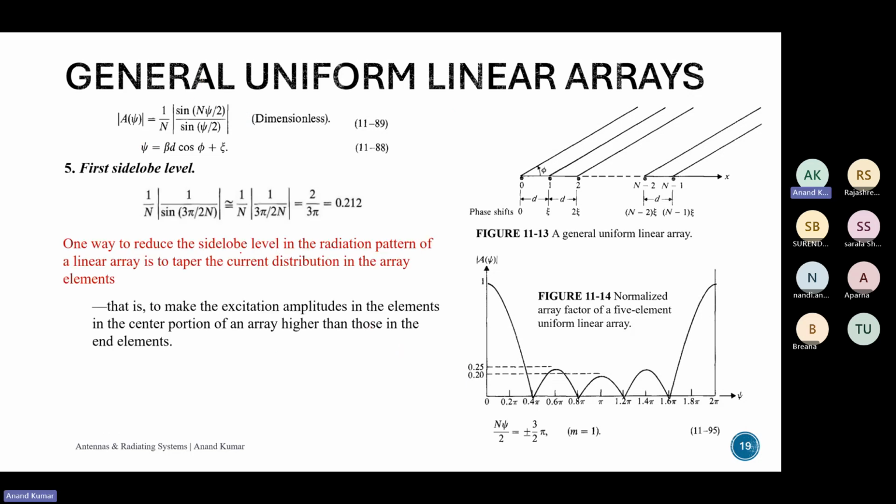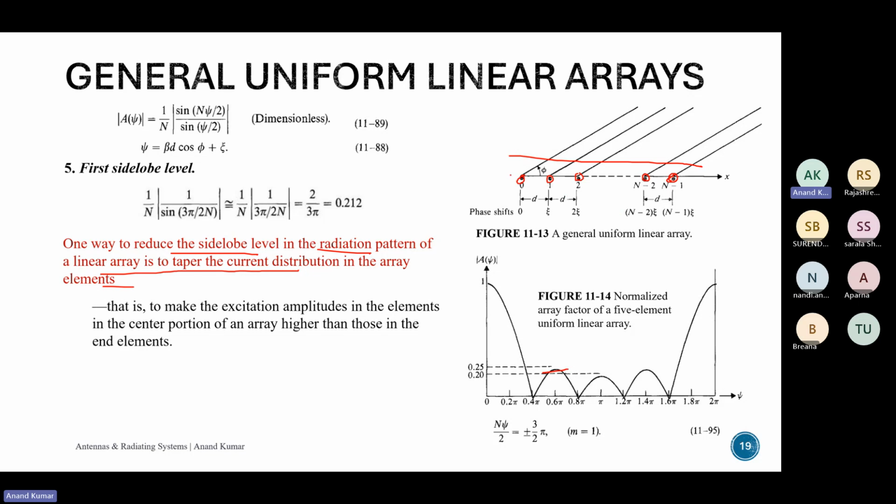And one of the ways to reduce the side lobe level in the radiation pattern of a linear array is to taper the current distribution in the array elements. When we started, we said that all the elements, this 0, this 1, 2, were receiving an equal amount of current. So this meant side lobe levels were higher.